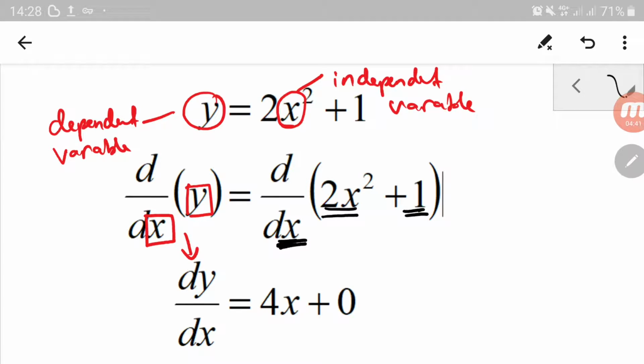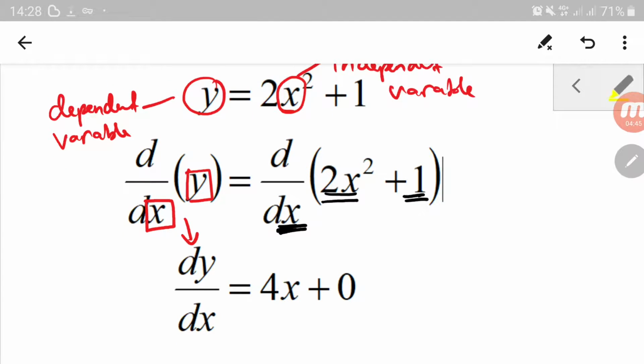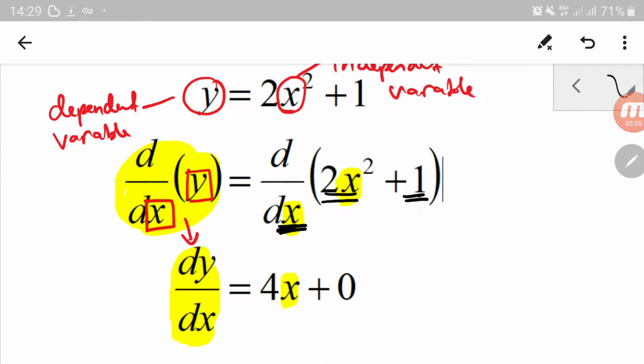So what we have is 4x plus 0. From this example, we can see two things. First, the differentiation of y in terms of x equals dy/dx. Second, if the variables are the same, then we just differentiate naturally, like we always do.